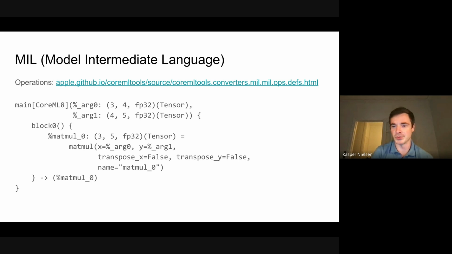I put an example here so you can get a sense of it. The program takes two arguments. You get the shapes, you get the data types. In this case, it just does a single operation, which is a matrix multiplication, and then it returns the results. But you can have as many operations as you want in this function.